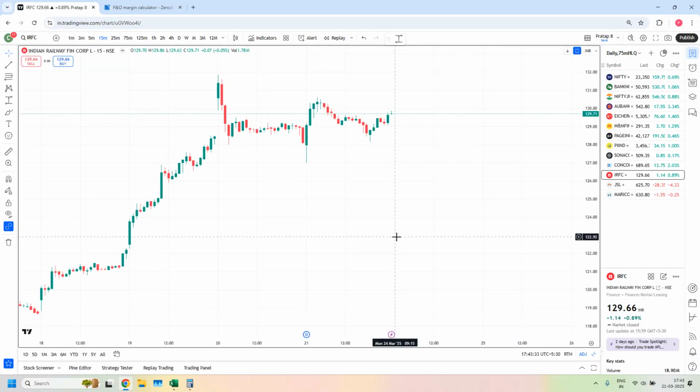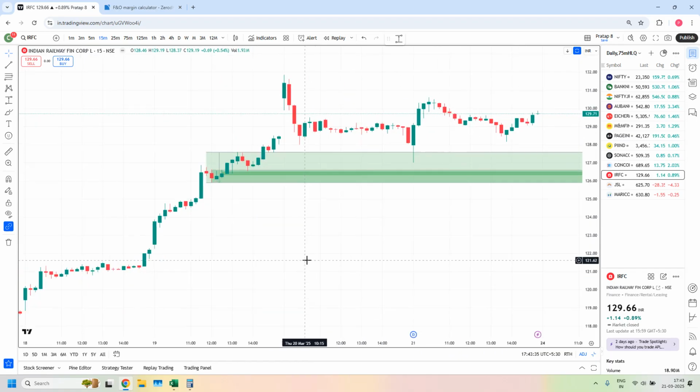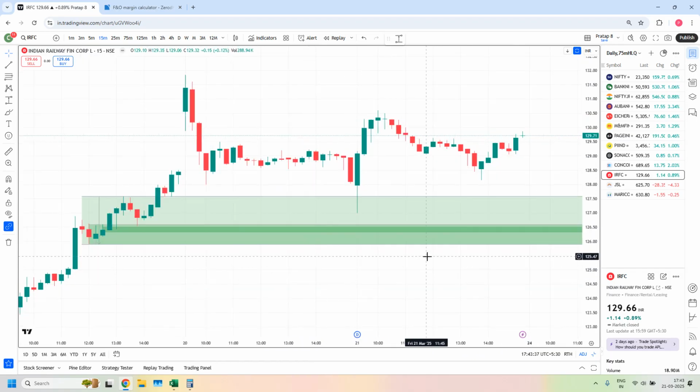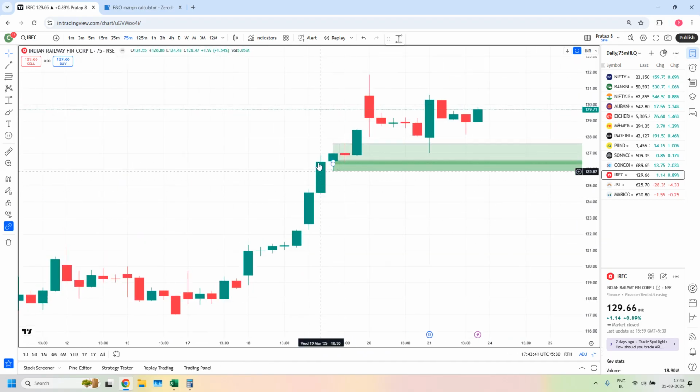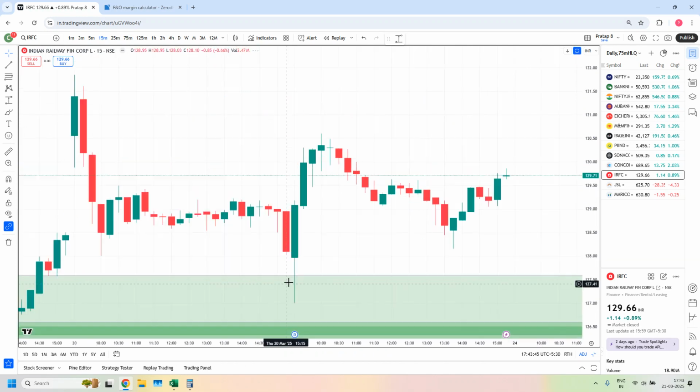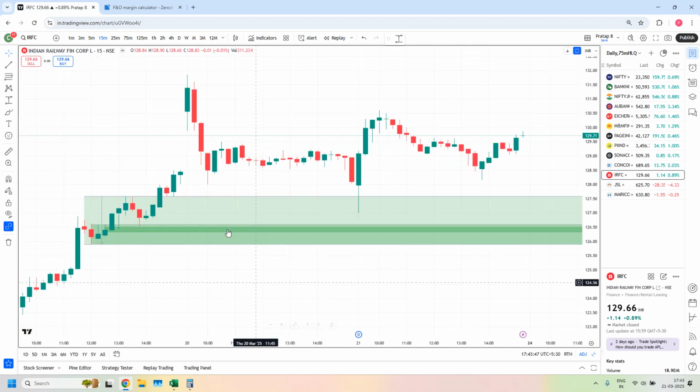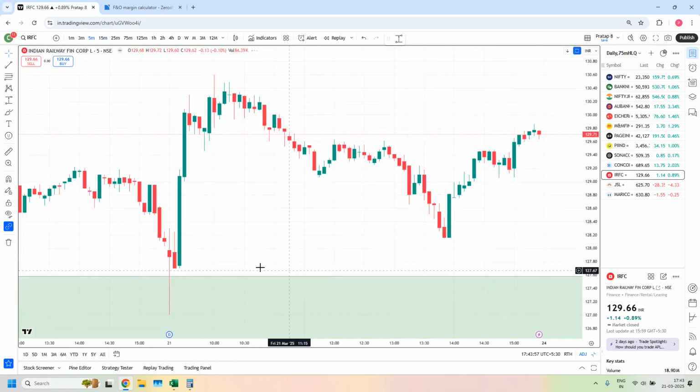Next, IRFC. This is also a daily high liquidity zone. This is a 75 minutes high liquidity zone. Rally, 2 base candles, rally. This one is fine-tuned with 15 minutes time frame. Here we have a 15-minute zone: drop, 2 base candles and a rally candle. And within this area, again fine-tuned with 5 minutes time frame.